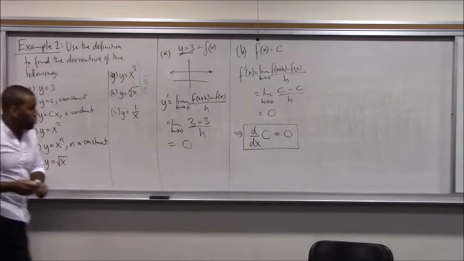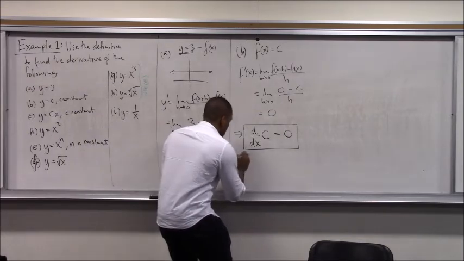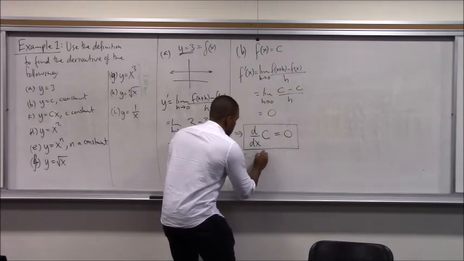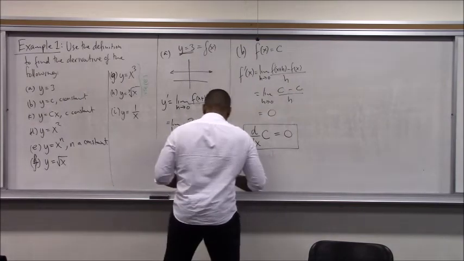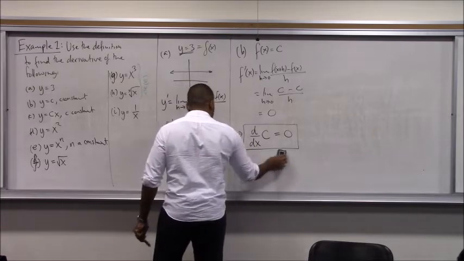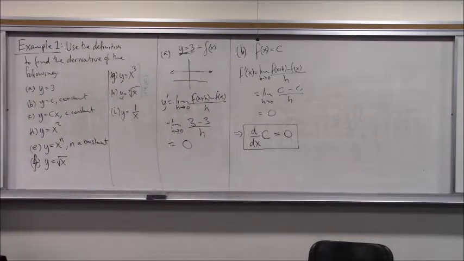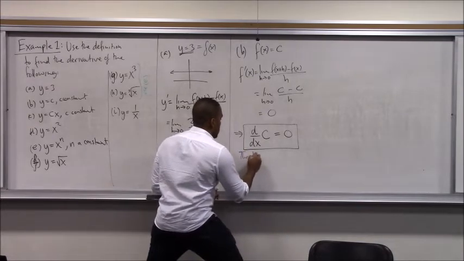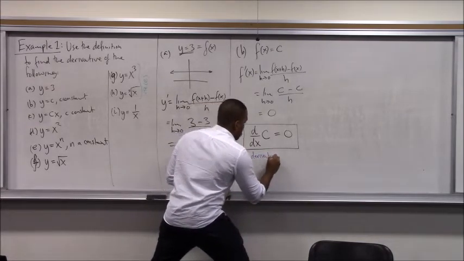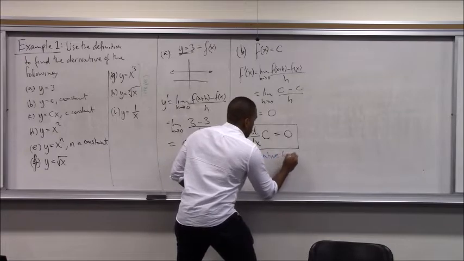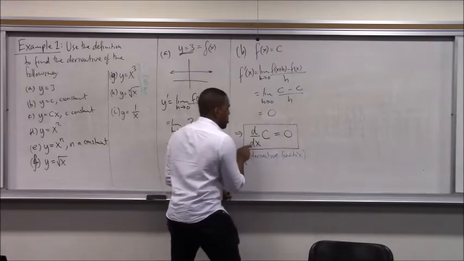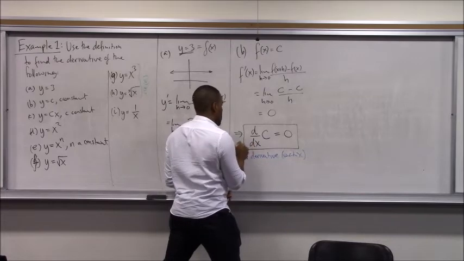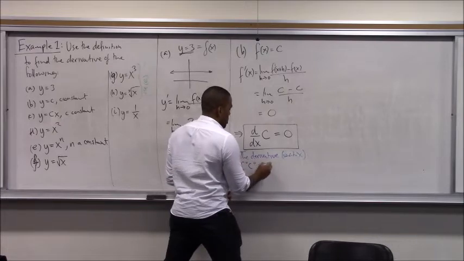Let me just write down what this means. So basically this is saying the derivative with respect to x, right? We're always going to do single variable calculus, so it's always going to be with respect to one variable, of c is 0.